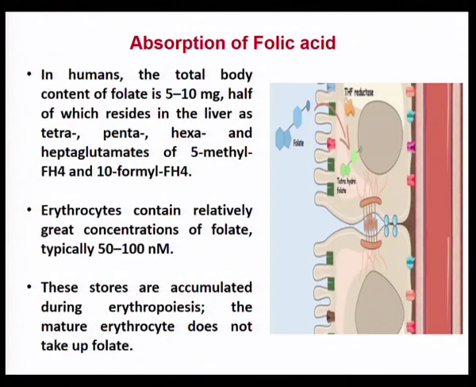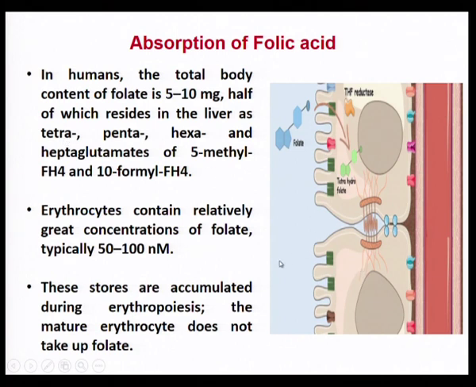You see here the absorption of folic acid is quite dramatic. You see tetrahydrofolate reductase, this particular enzyme, doing this conversion process. The total folate is about 5 to 10 mg in the human body, and most of it, let's say half, is present in the liver. In the liver it is present as tetra, penta, hexa and heptaglutamate.